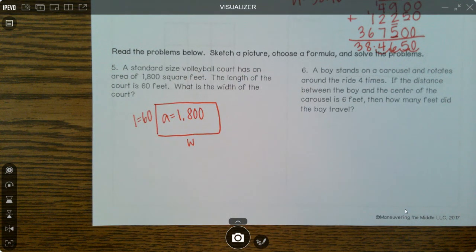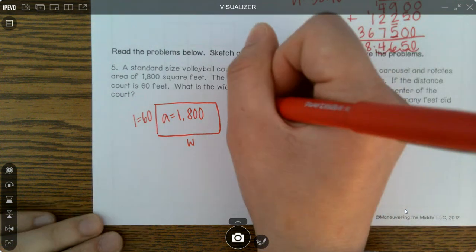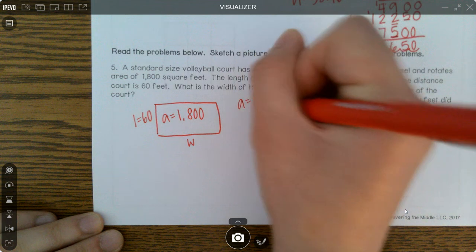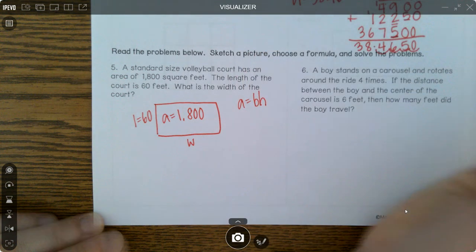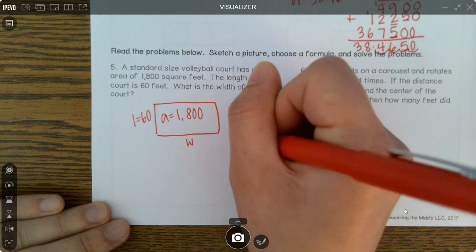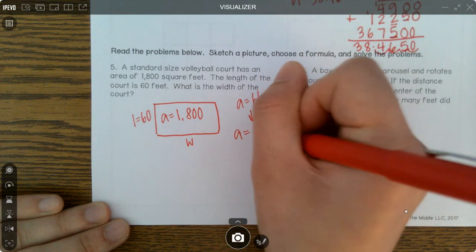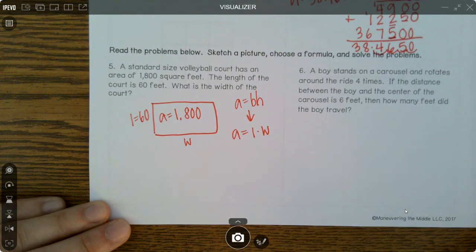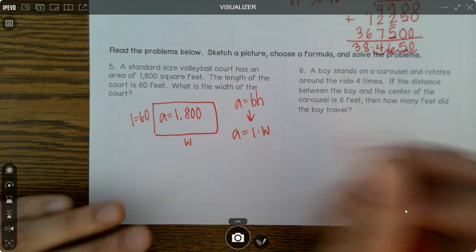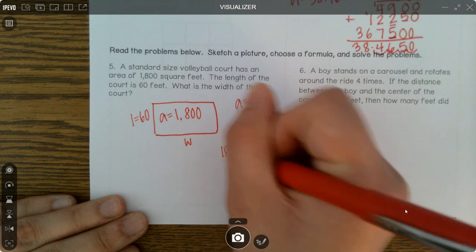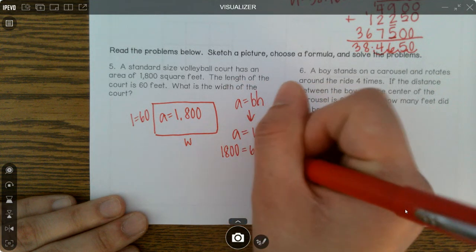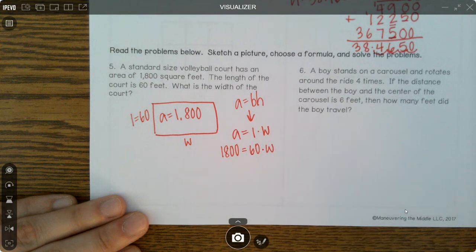What would be the formula for the area of a rectangle? It's going to be area equals base times height, but I also know that I could use area equals length times width. So if I plug in what I know, I'm still using my formula. I have 1,800 as the area, 60 as a length, and I'm searching for width.